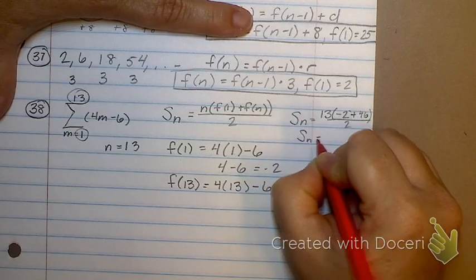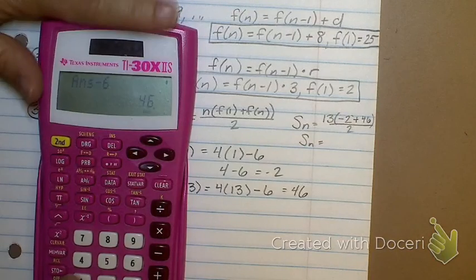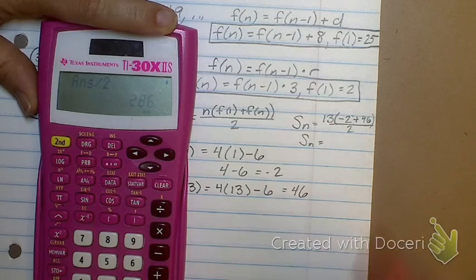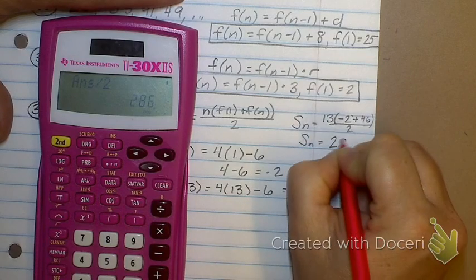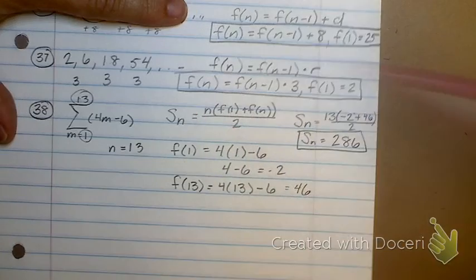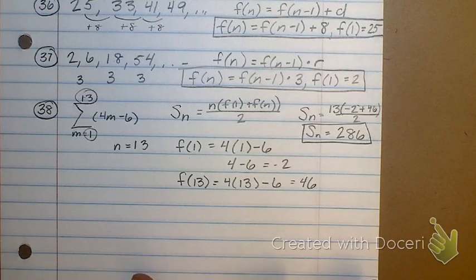So the sum of those 13 terms is 13 times negative 2 plus 46, divided all by 2. I get 286 as my answer. Okay.